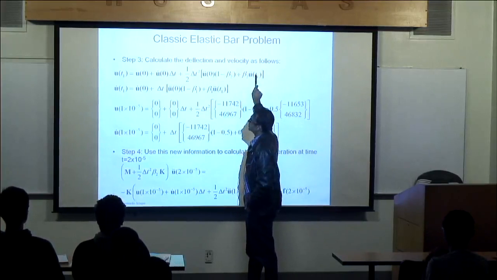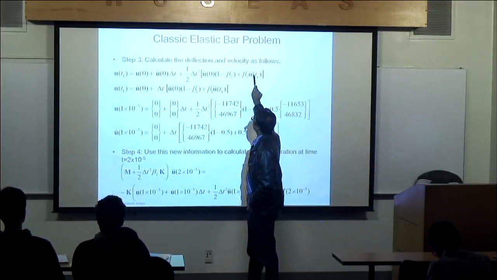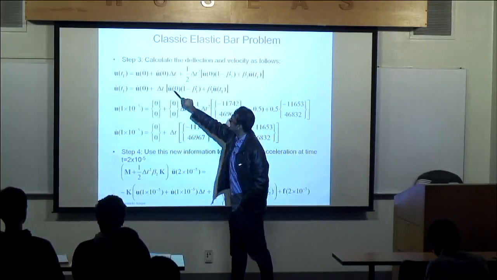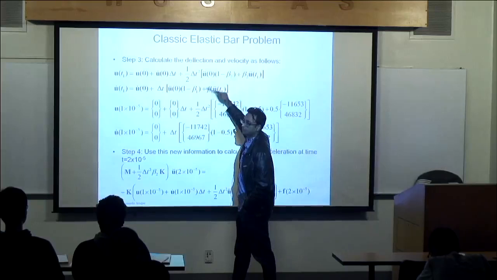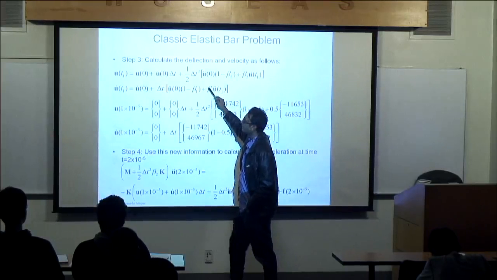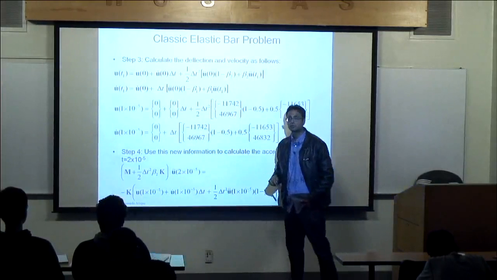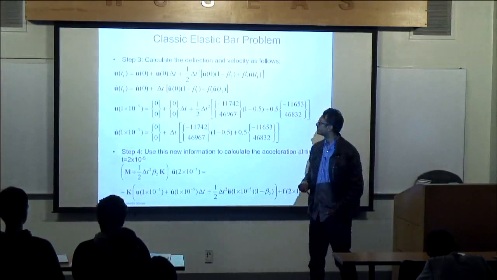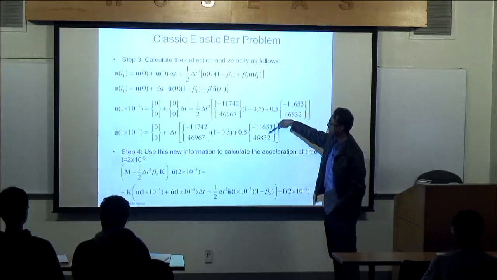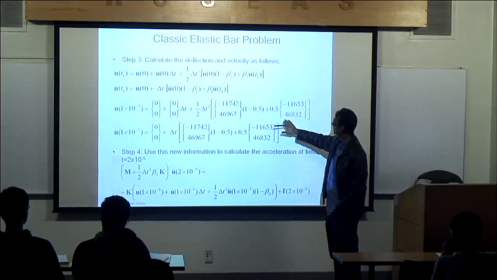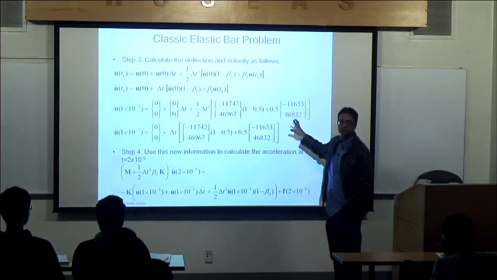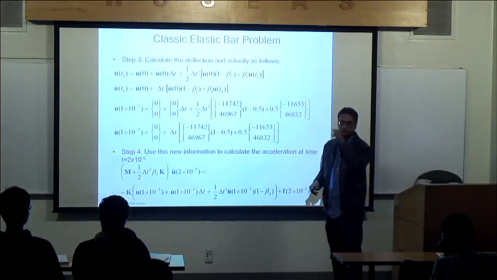I just got those numbers. I know beta 2 and beta 1 are 1/2 for each of them. Then I know the velocity and displacements at t equals 1 times 10 to the minus 5. And I gave you the calculations right here. I didn't give you the answer because I just created a code to do that.